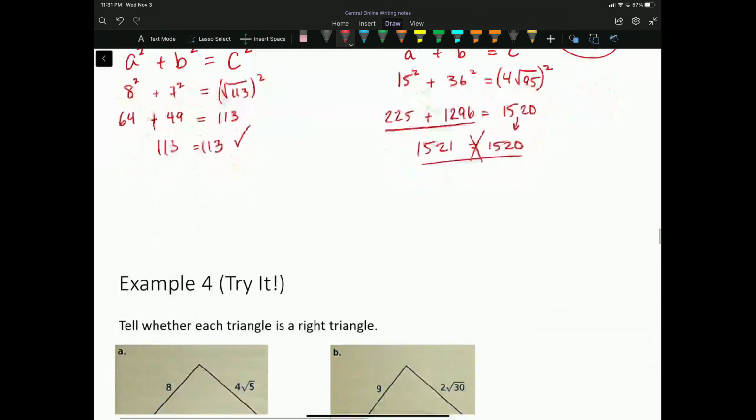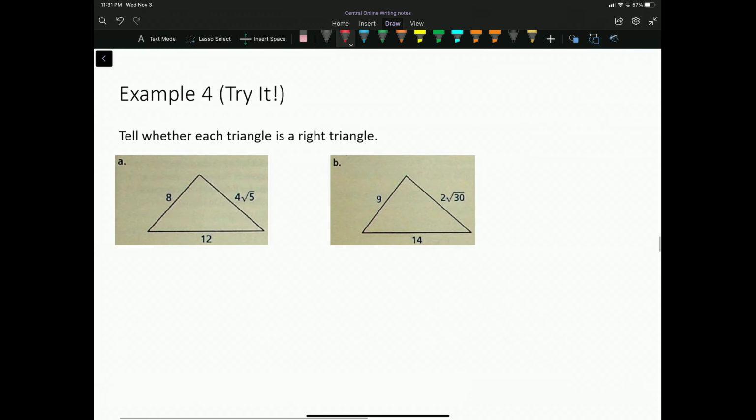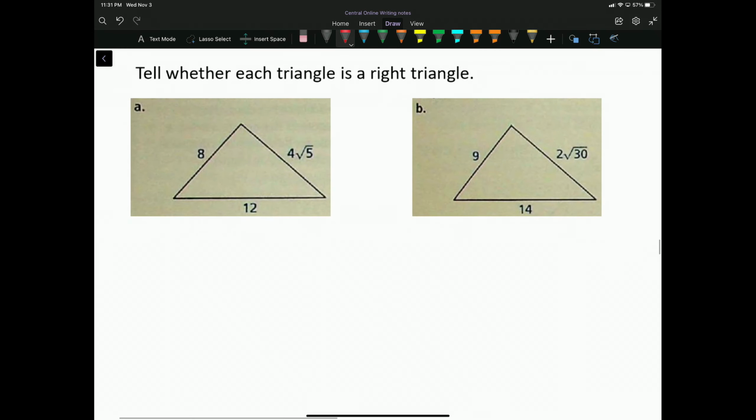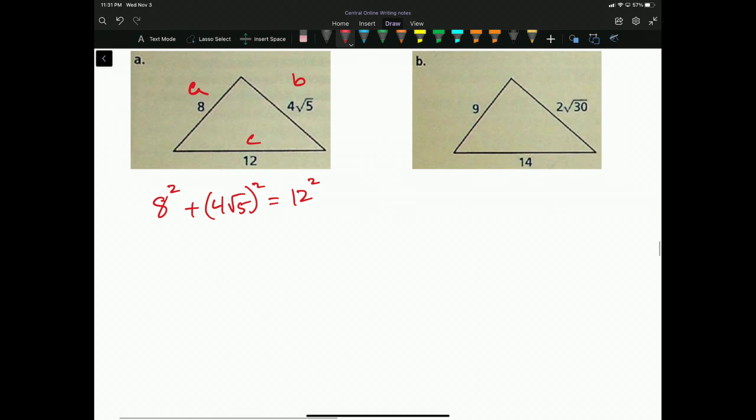Let's try a couple more. I want you to try these two. I'm going to give you a second to try them both out, starting with letter A. All right. So again, we're going to call this a, b, c. So we need 8 squared plus 4 square root of 5 squared equals 12 squared. Well, 8 times 8 is 64. And we know that 12 times 12 is going to be 144.